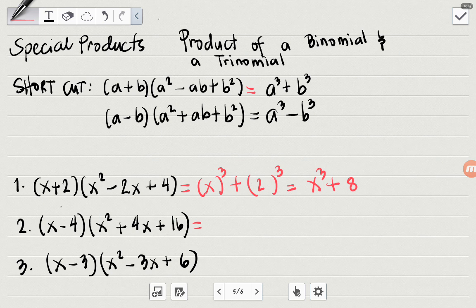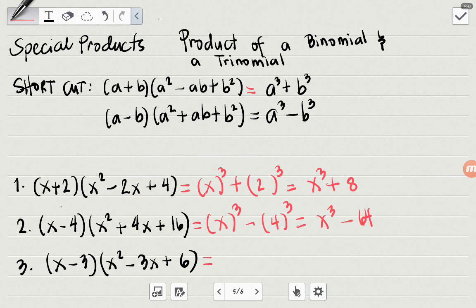Check. So, pwede natin gamitin ito. Ang magiging sagot ay difference ni a cube at b cube. So, cube ni x minus cube ni 4. So, you have cube of x, x times x times x, x cube minus 4 times 4 times 4, you have 64.